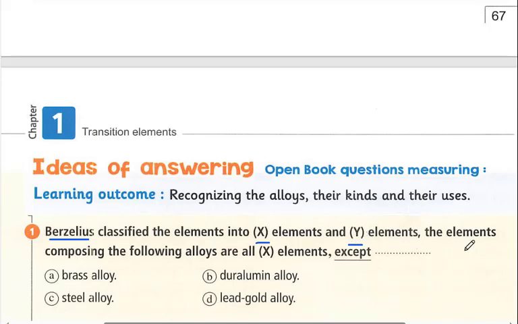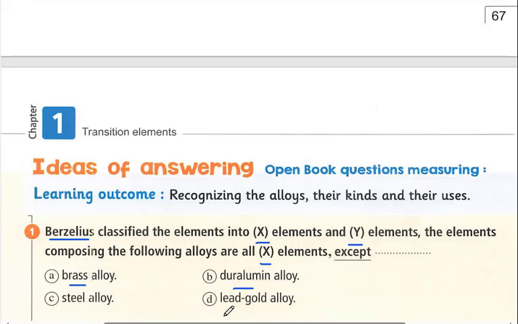So all of these alloys are composed of X elements only. X means metals, except some alloys which are formed from metal and non-metal. Duralumin alloy is aluminum and copper, or aluminum and nickel. They are all metals. Okay, brass, copper and zinc.